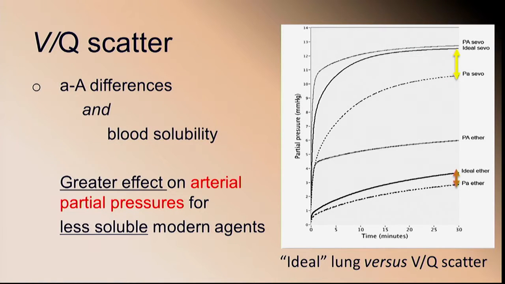Interestingly, the effect on the modern, less soluble agent is greater than it is on the old-fashioned ether in terms of the effect on the arterial partial pressure, right? The arterial partial pressure is what puts you to sleep, not the alveolar. I find that quite interesting, and you won't get anybody telling you this when they're trying to sell you a bottle of desflurane or sevoflurane, I can tell you.